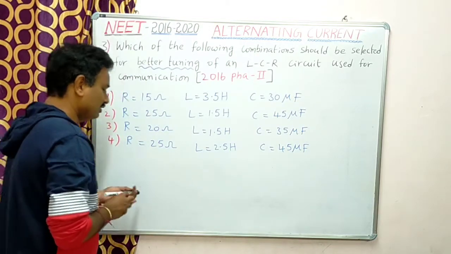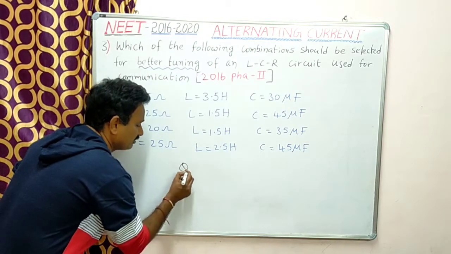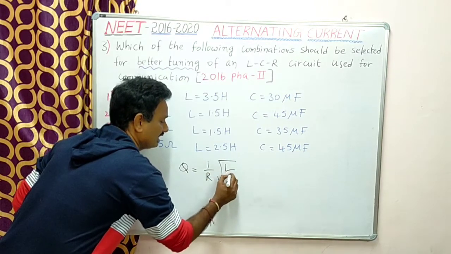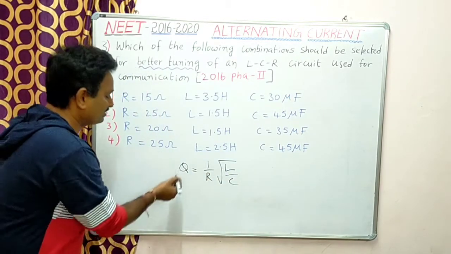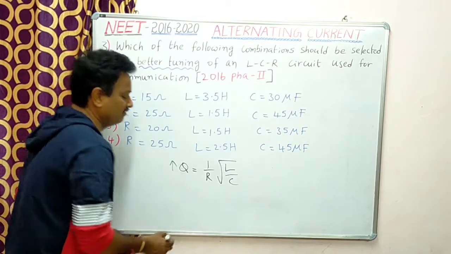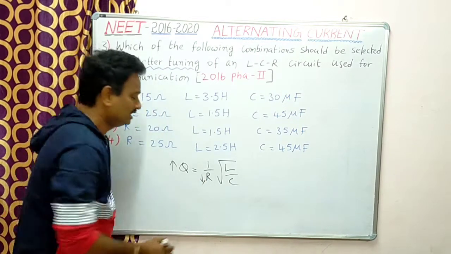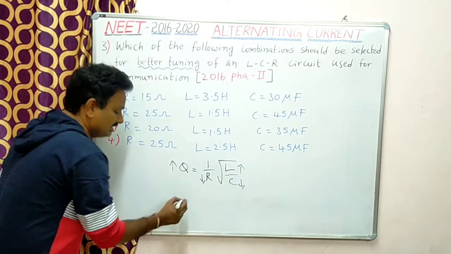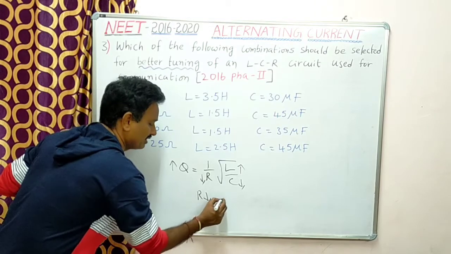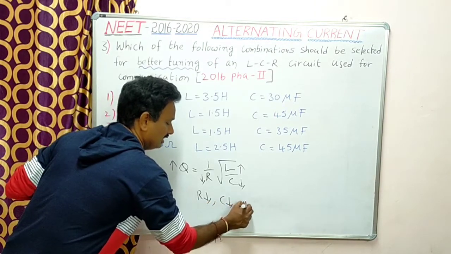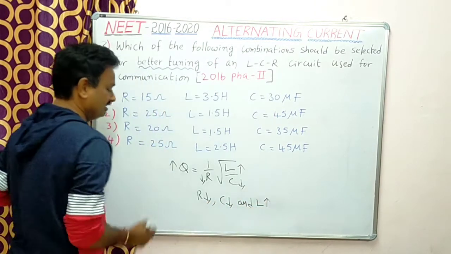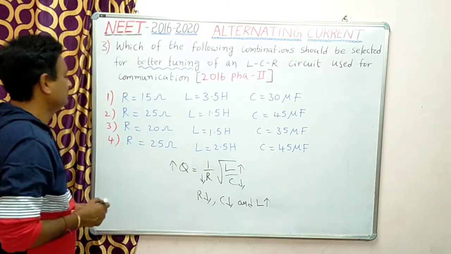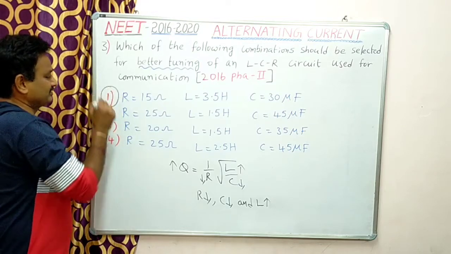Quality factor Q is equal to 1 by R root over L by C. When this quality factor is high, if R is low and C is low and L is high, this quality factor will be high. So if you observe the options, the first one is the answer.